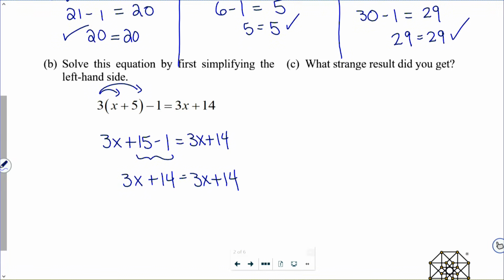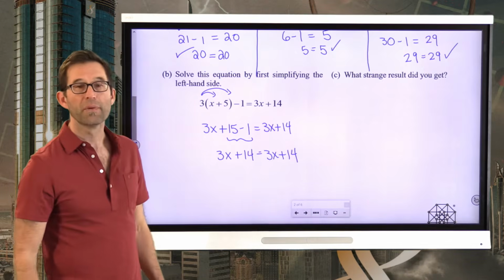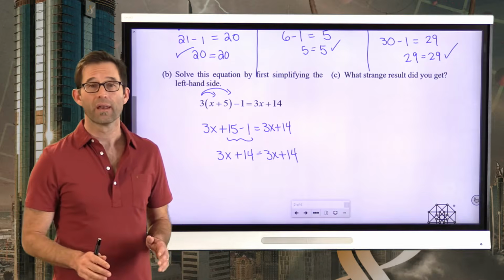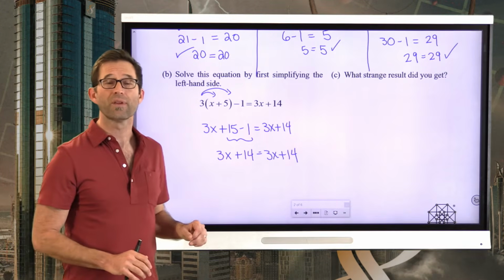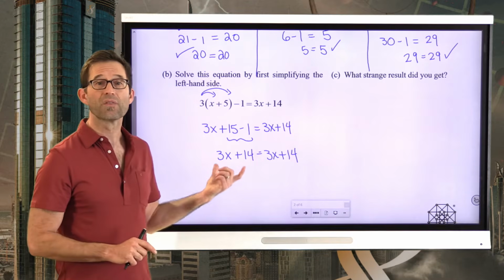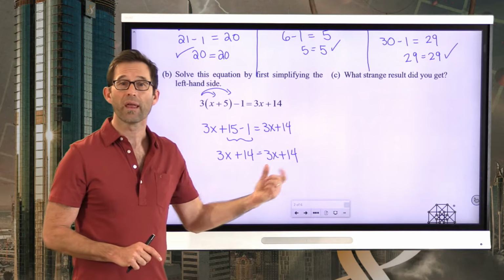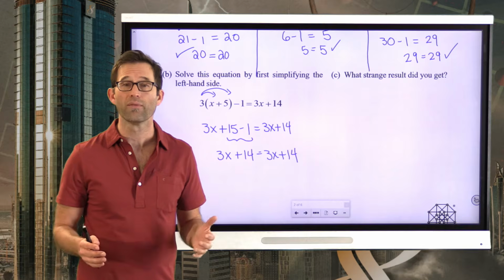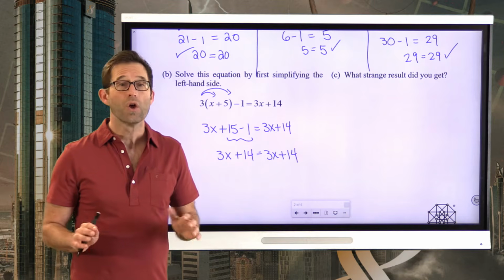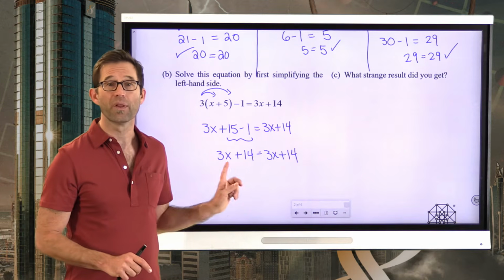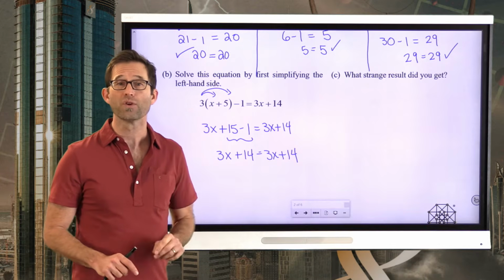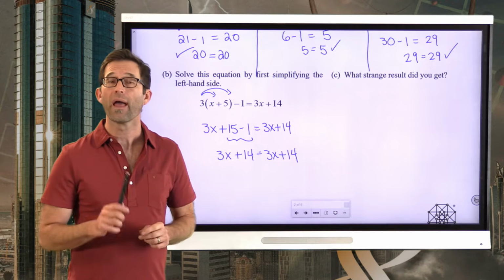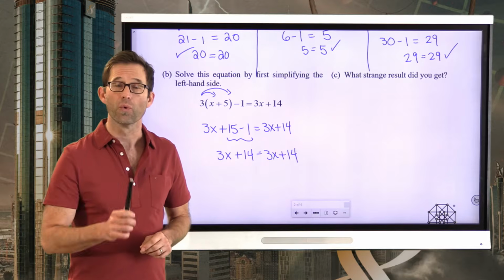And let's stop right there, because this is all we need to understand that this is an identity. You see, by manipulating the left-hand side, what I see is that the left-hand side and the right-hand side are algebraically equivalent, which means no matter what value of x I put in this side of the equation, when I put it in this side of the equation, the two sides are going to be equal, and therefore the equation is going to be true.